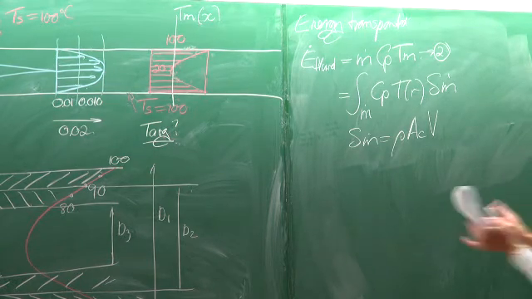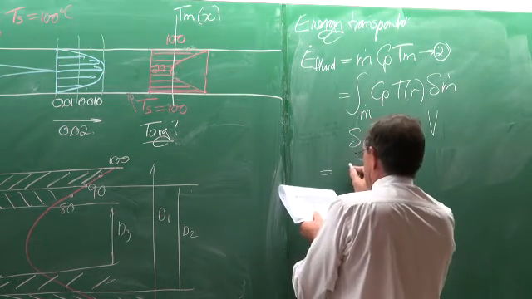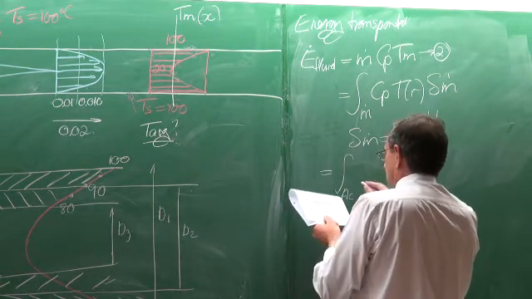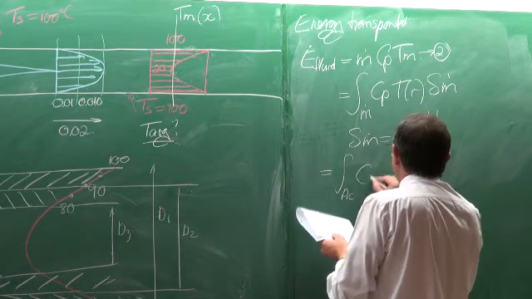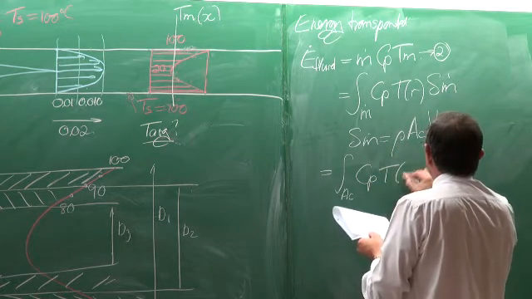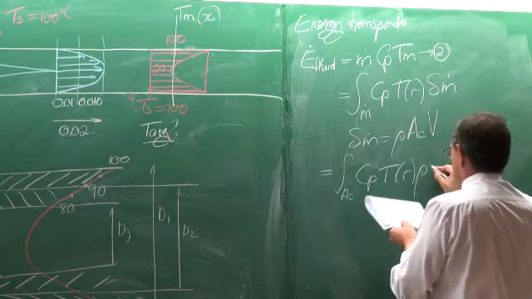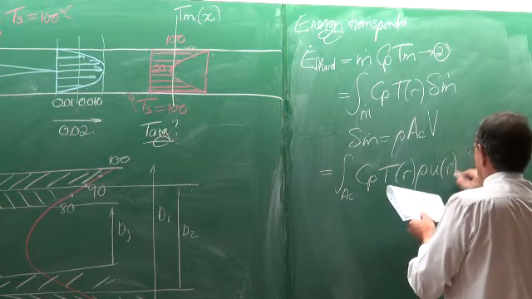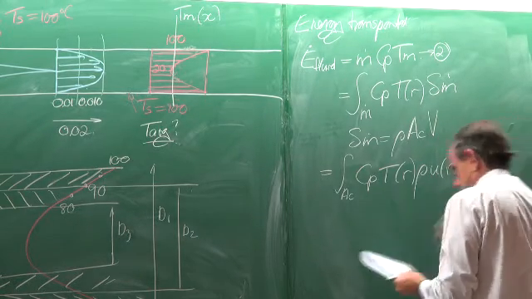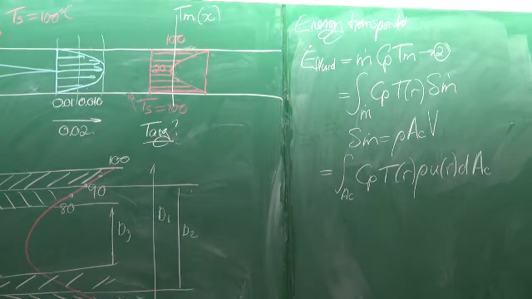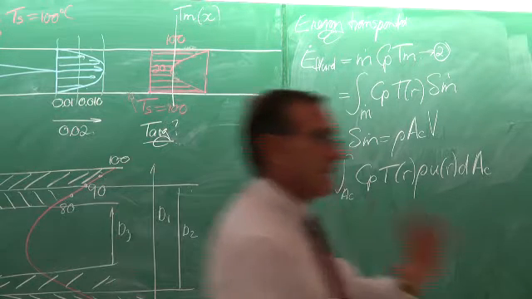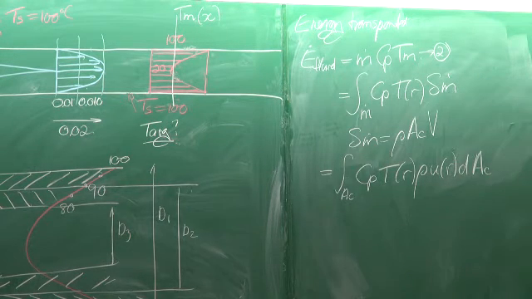And if you clean it up a little bit, you're going to see it is equal to the integral over the area of Cp, T(r), rho, U(r), dAc. We're almost finished with it. Every step of the mathematics, don't worry, you don't have to understand it. You just need to understand where it comes from.